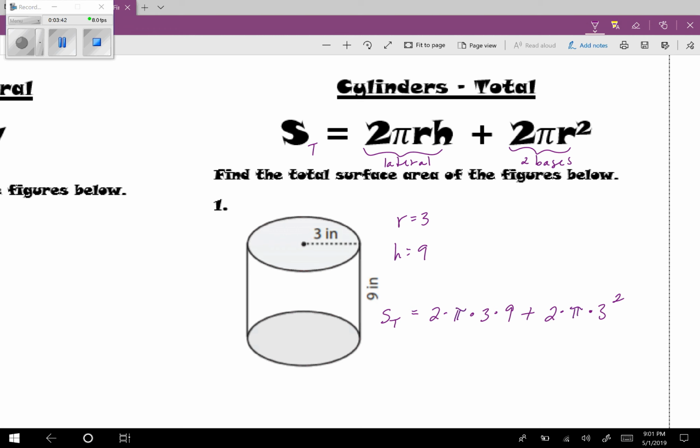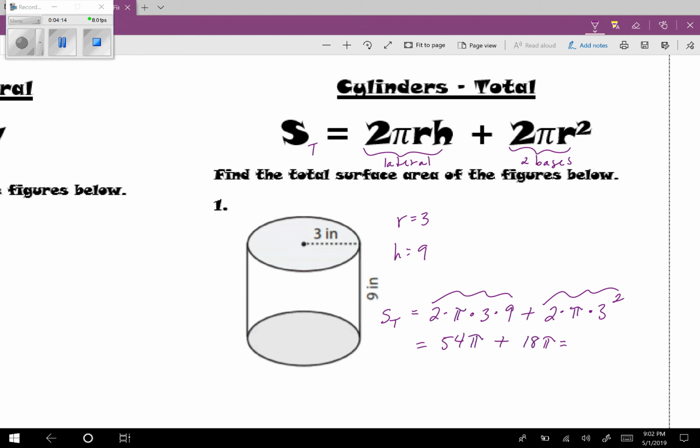Now I'm going to show you again how to do this in terms of pi and then also to the nearest tenth. When I'm doing it in terms of pi, I always calculate this part together and this part together, and I still leave it as a plus. So this part right here, I do 9 times 3 times 2, so that's 54 pi plus, and then here we have 3 squared, which is 9 times 2, so that's 18 pi.